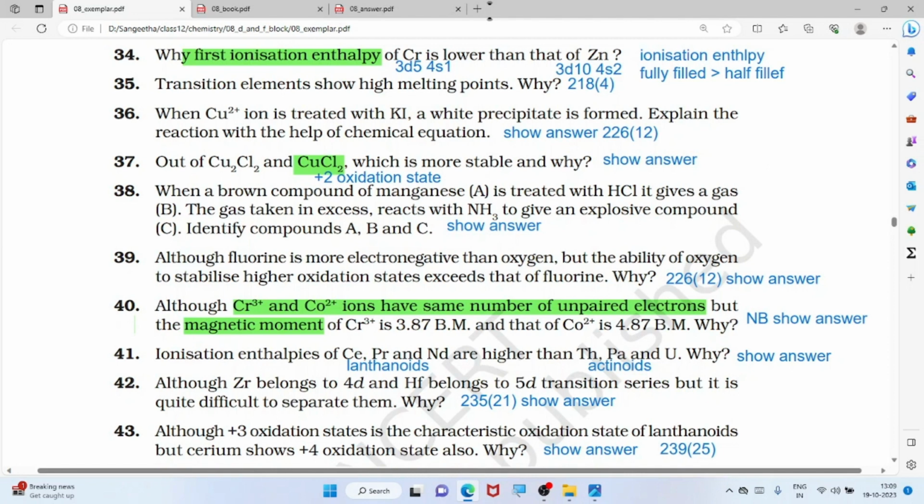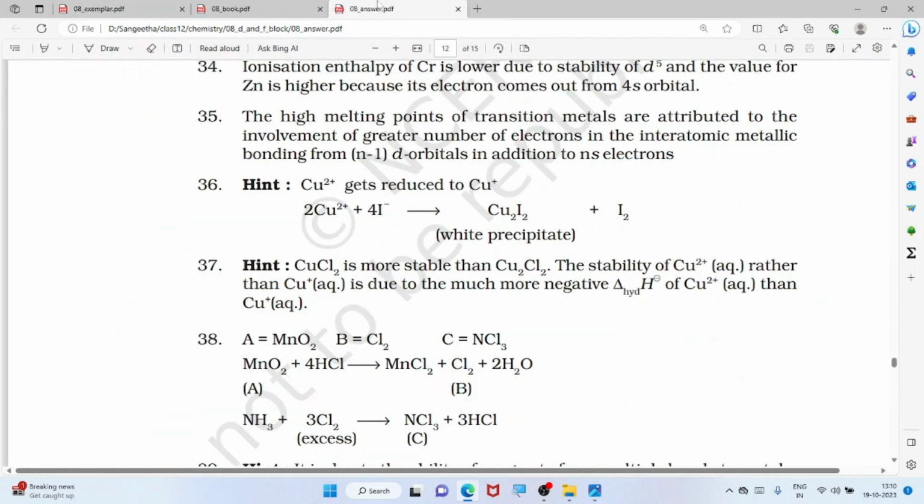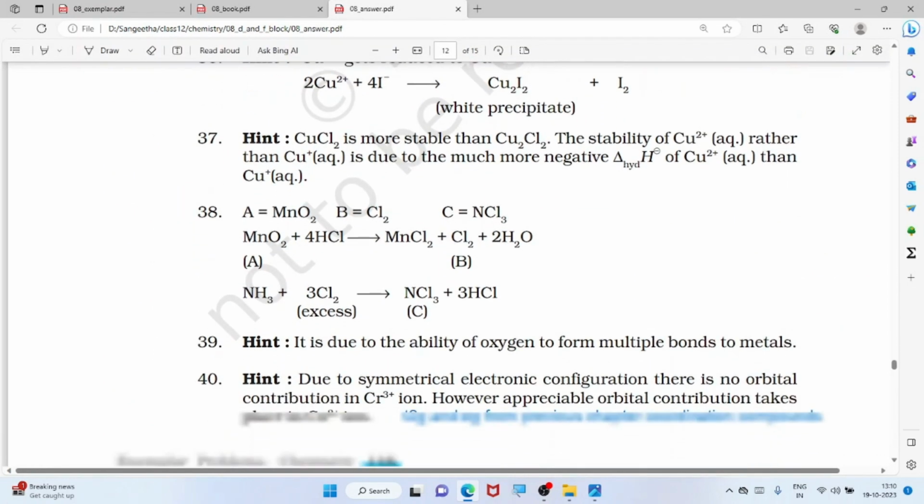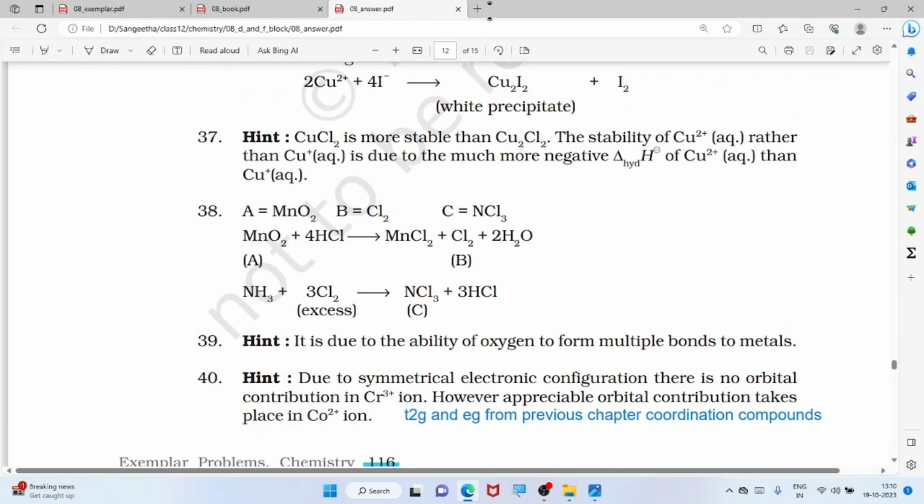Based on that, this is +2 oxidation state copper, so this is more stable than this. CuCl2 is more stable than CuCl. The stability of Cu2+ is due to the much more negative enthalpy of hydration.